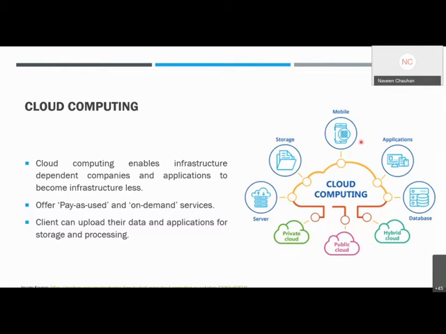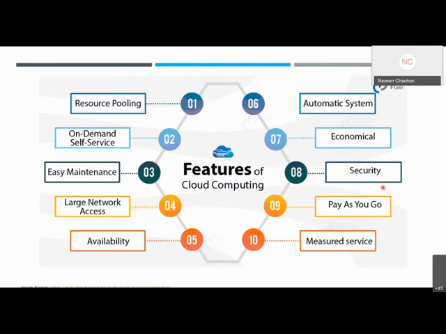If you see this particular slide, it talks about the private cloud, the public cloud, and the hybrid cloud, which we have already discussed, and the services which we are going to take from the cloud environment, like servers, storage, mobile applications, and databases, etc. As far as the features of cloud computing are concerned: resource pooling, on-demand self-service, easy maintenance, large network access, availability, automatic system, economical, security, pay-as-you-go, and measured services.